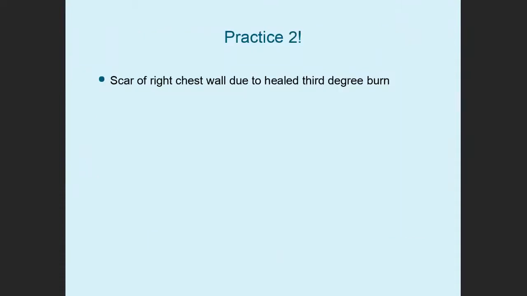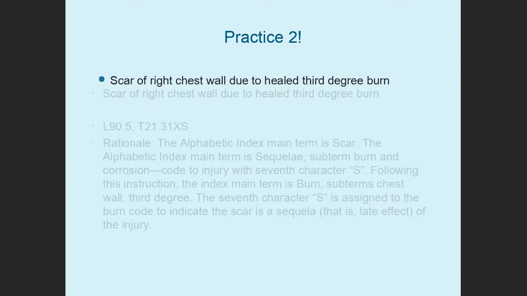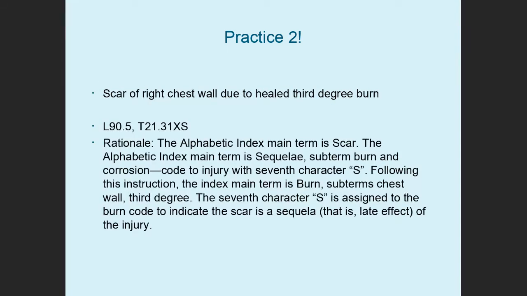Here's another practice. Again, stop the recording to try to code it by yourself. So, scar of right chest wall due to healed 3rd degree burn. Okay, so in the alphabetic index, you look up scar, and then you have sequelae, subterm burn and corrosion, code to injury with 7th character S. So if you look up scar, it's telling you go to the original injury.